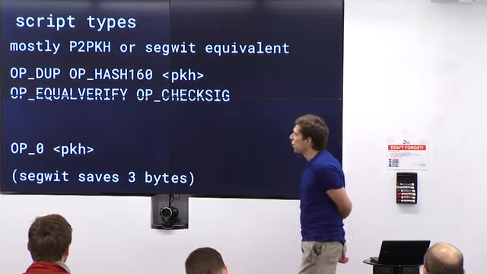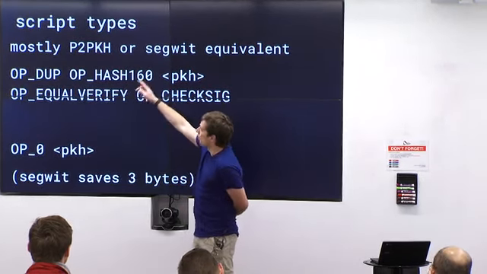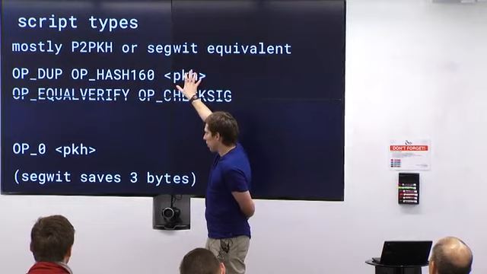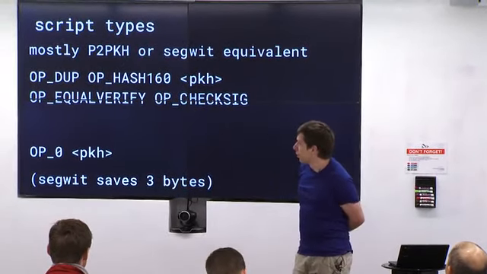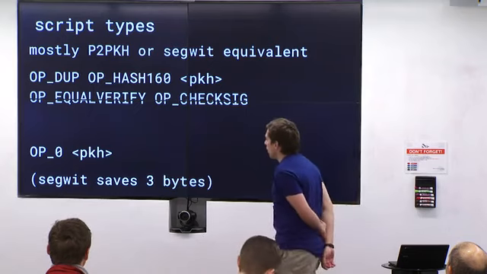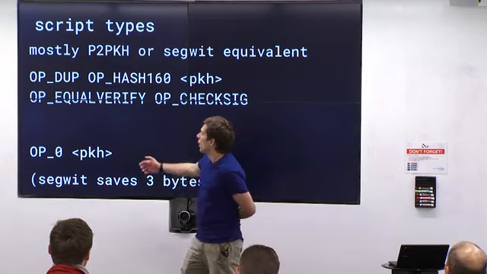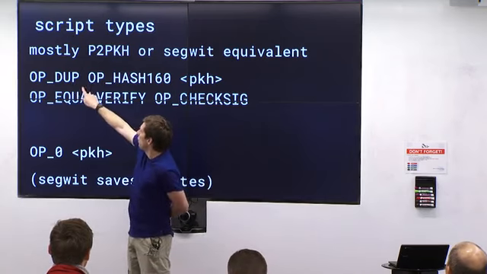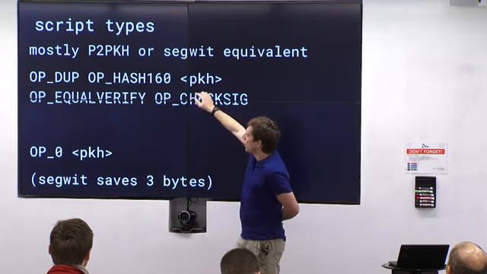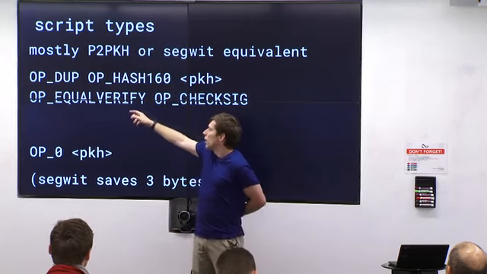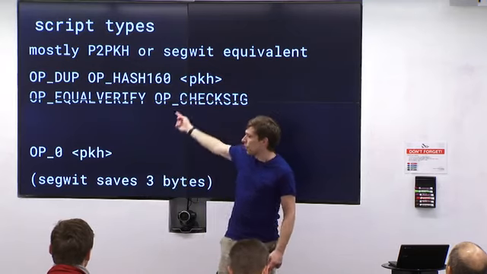So most of the output scripts look like this: OP_DUP, OP_HASH160, some pub key hash, OP_EQUALVERIFY, OP_CHECKSIG. And then when you want to execute this script, you put a pub key and a signature as your input. It duplicates the pub key, hashes it, pushes this hash onto the stack, checks that those two things are equal, and this also removes those two things, leaving only the signature, and then checks the signature.